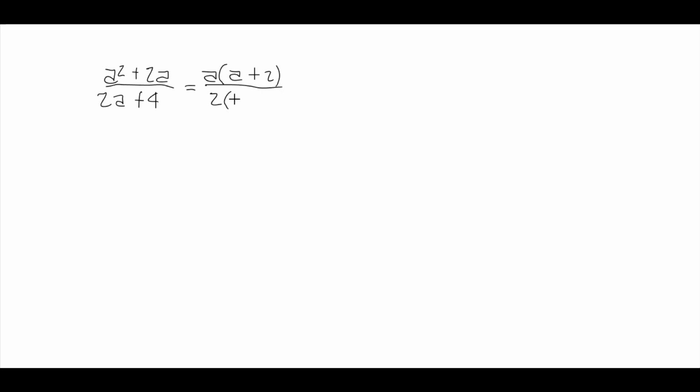So 2a divided by 2 will get a, plus 4 divided by 2 will get 2. Right now, we already identify our common factor, which is a plus 2, and we can just directly cancel that out. For our final answer, we have a over 2.